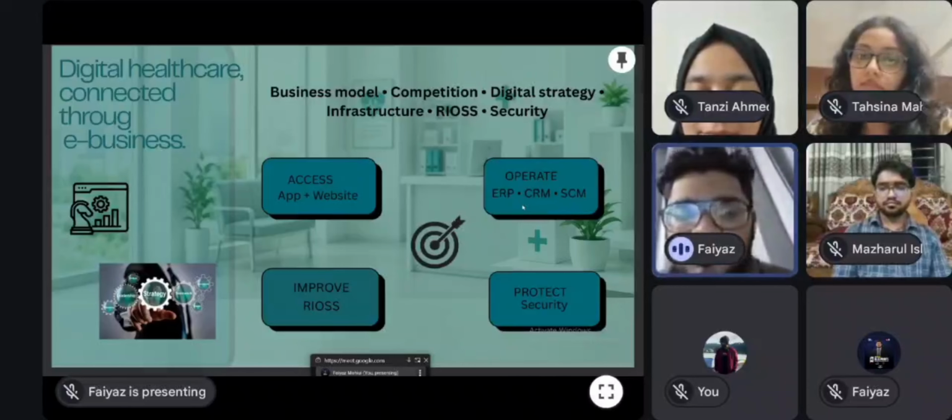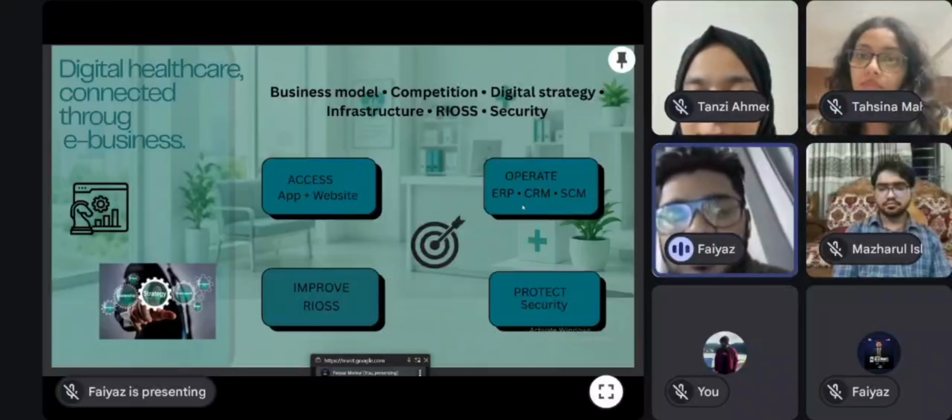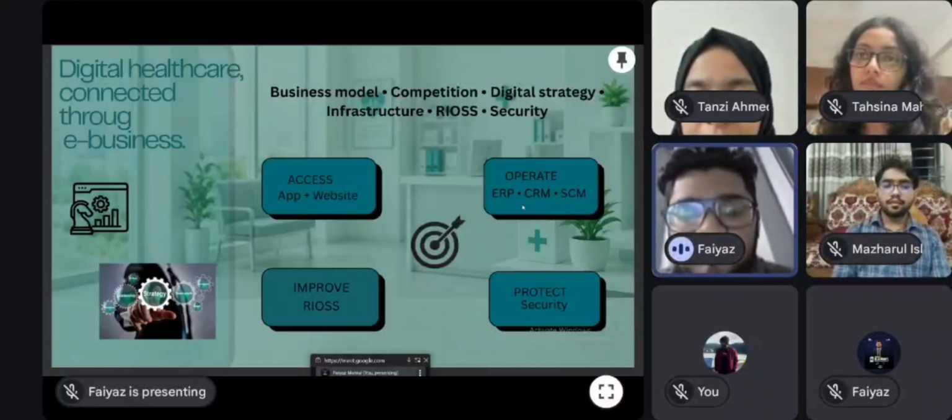Secondly, operate focuses on the systems that support the business, particularly ERP, CRM, and SCM. These systems help manage business operations, customer relationships, inventory, procurement, and the supply chain. Thirdly, improve focuses on RIOS, or recommended integrated system, which can improve coordination and visibility across different parts of the organization.